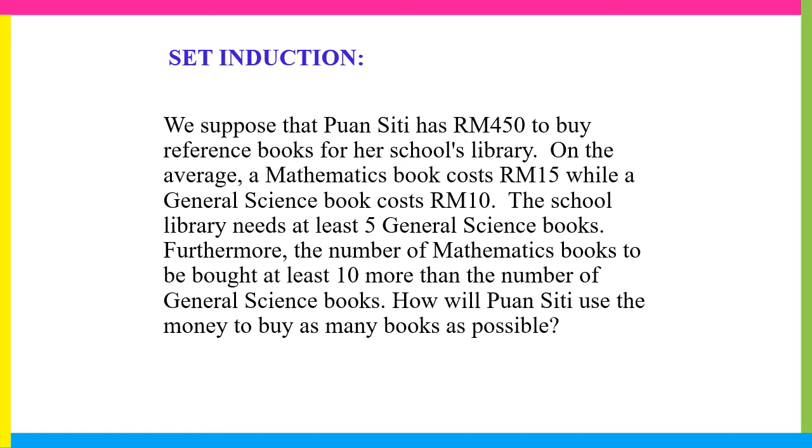The school library needs at least 5 general science books. Furthermore, the number of mathematics books to be bought is at least 10 more than the number of general science books. How will Puan Siti use the money to buy as many books as possible?